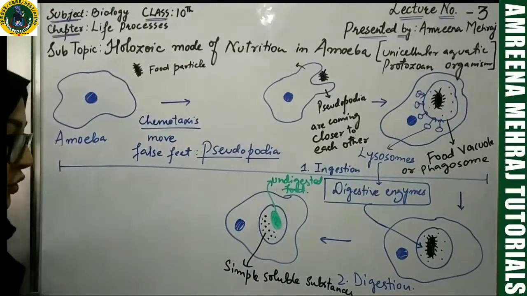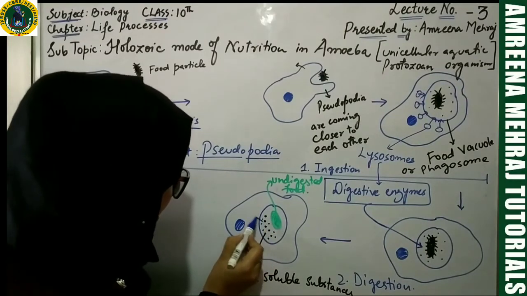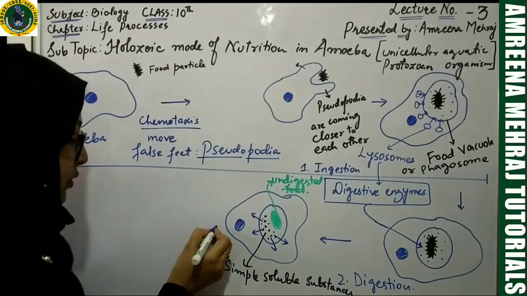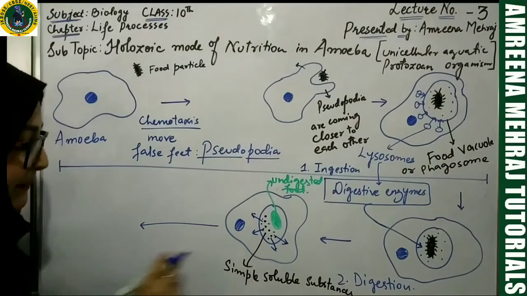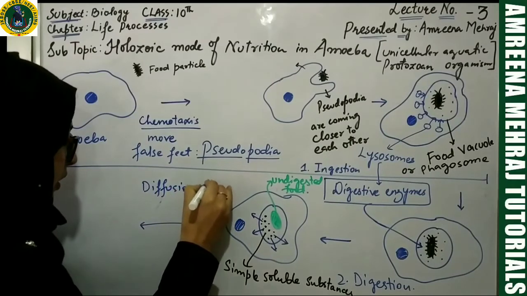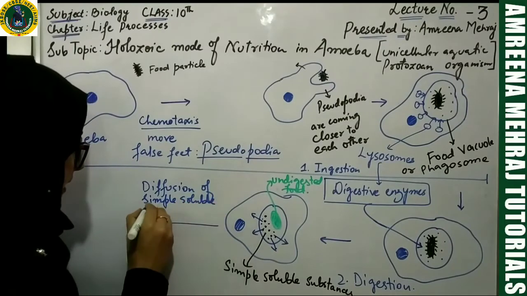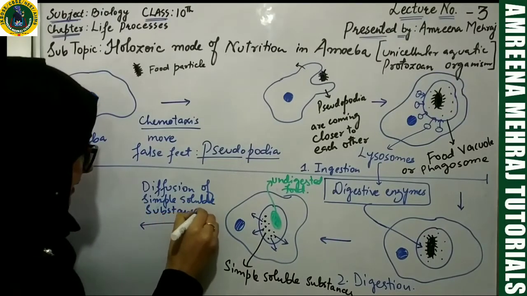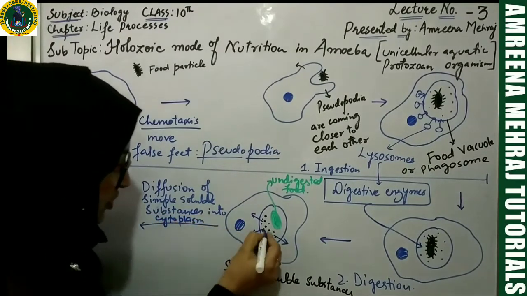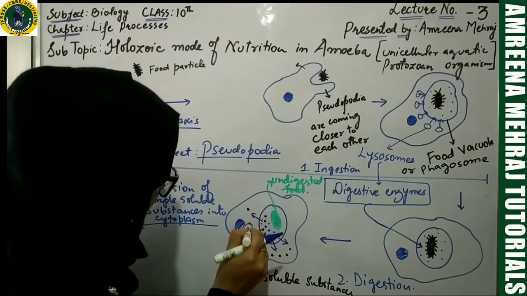Then these simple soluble substances will simply diffuse into the cytoplasm. So now two steps will happen. First of all, you have the diffusion of simple soluble substances into the cytoplasm.